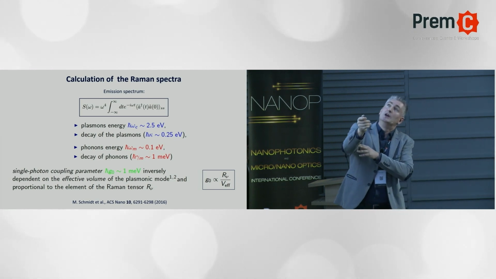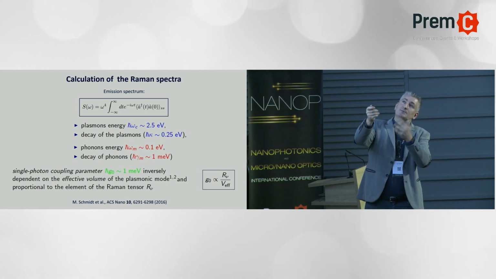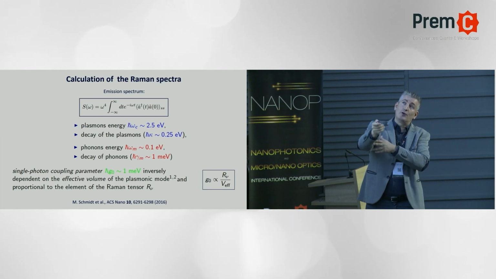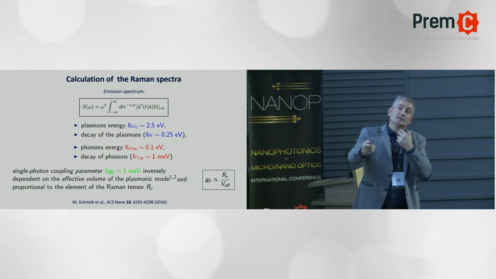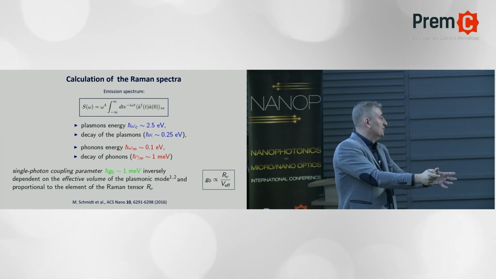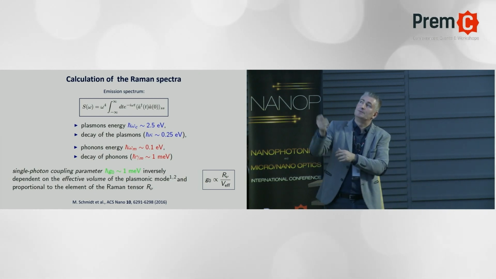So we're going to calculate the emission spectrum. We choose typical plasmonic energies, decay of plasmons, quality factor 10, phonon energies around 100 meV, the decay of phonons as well, and we adopt a coupling strength, which is given by the effective mode volume, basically, okay? And the Raman tensor of the molecule.